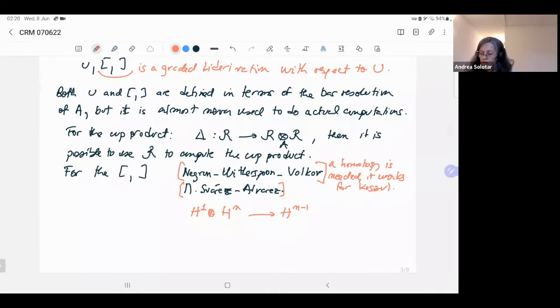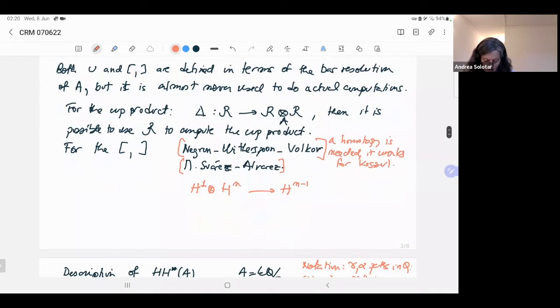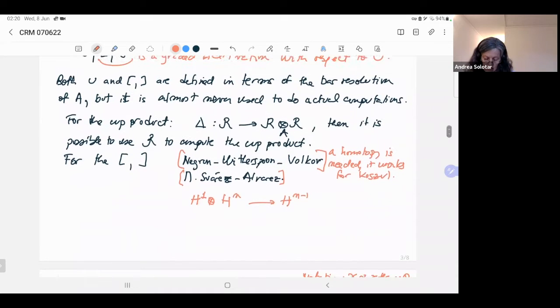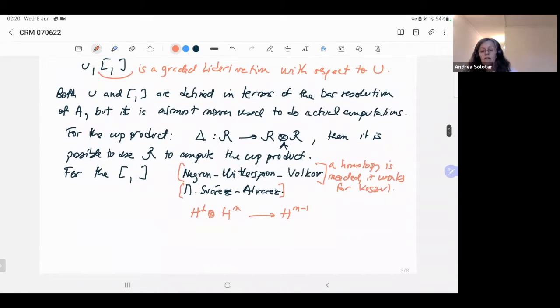Okay, so the first thing we need in order to give all the structure is a description of the Hochschild cohomology as a graded vector space.